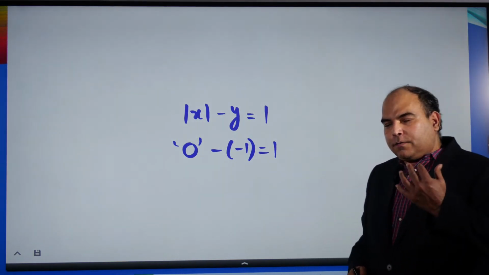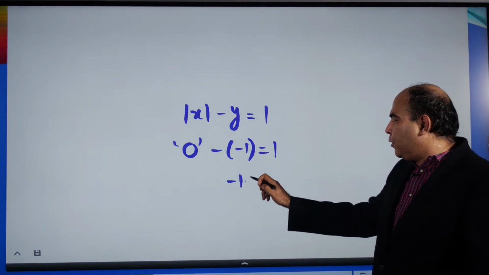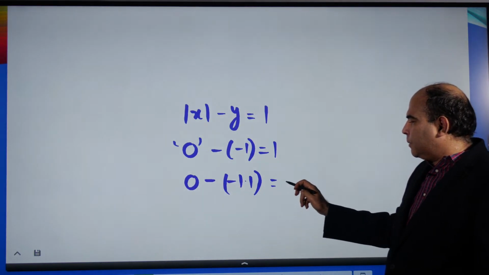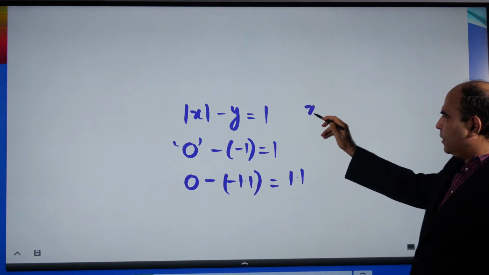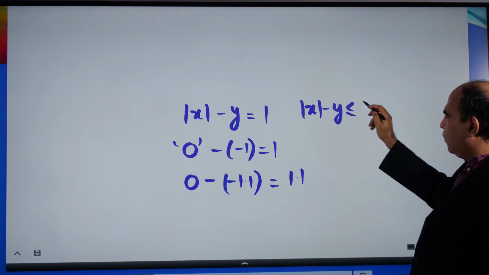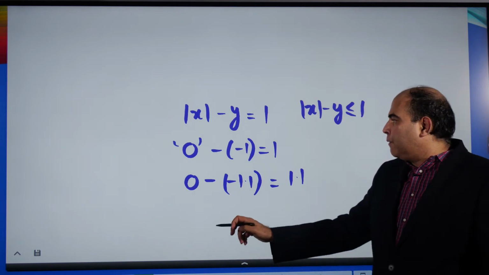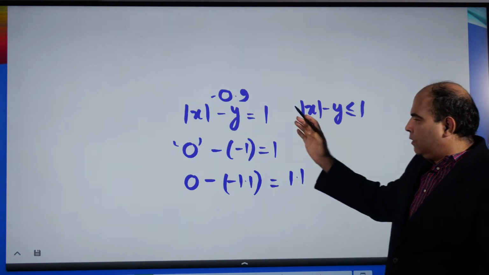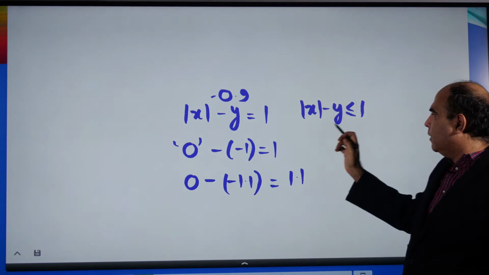So if I take a value of y below minus 1, suppose I take y as minus 1.1, you can see that this expression becomes 1.1, and when you compare with mod x minus y less than equal to 1, a value like minus 1.1 does not satisfy it. But on the other hand, if I take the value of y as minus 0.9, then 0 minus 0.9 will give me a value which is 0.9, which will obey this function.